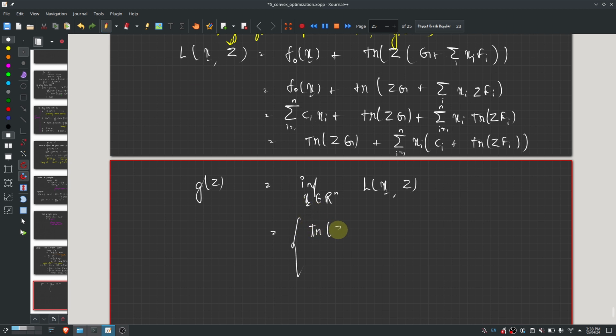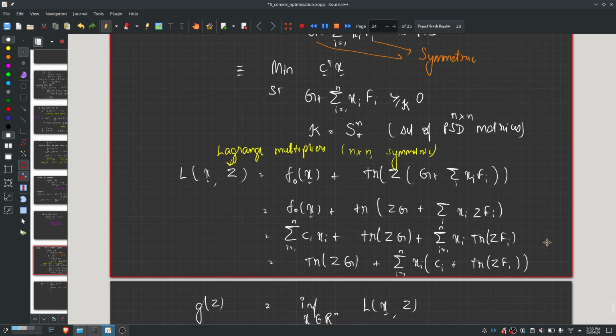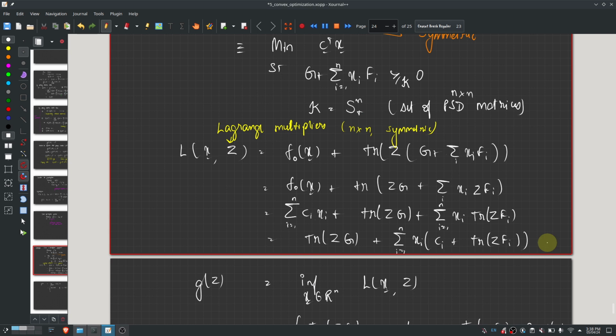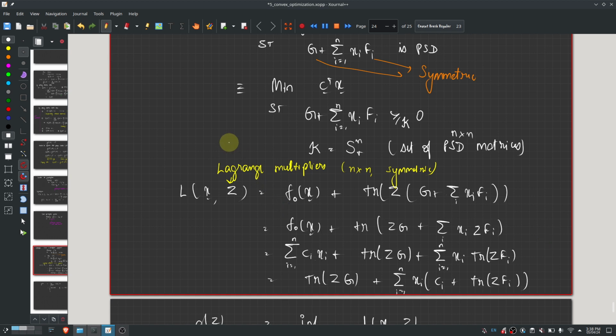This trace of z times g, if ci plus trace of z times fi is equal to 0 for all i. Sorry, I think my bad, I made a little mistake over here. Remember that this was a greater than or equal to constraint. I should have converted that to a less than or equal to constraint first.